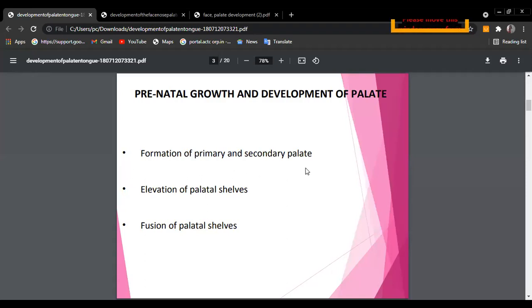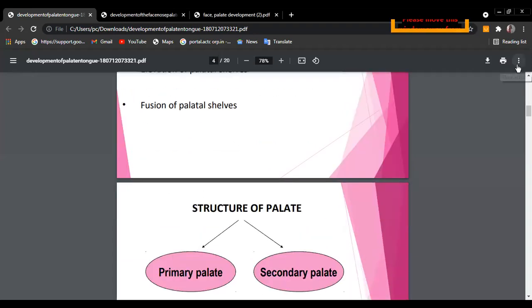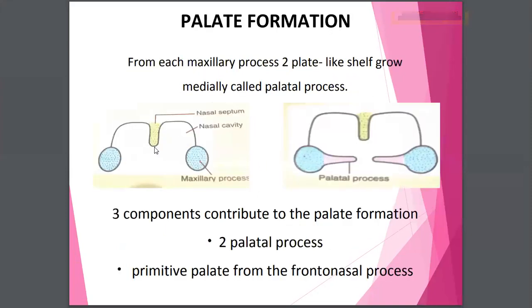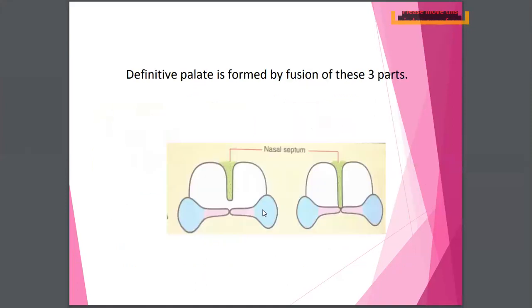So with the formation of the primary and secondary palate, we have seen the elevation and the fusion of the palatine shelves. Overall, we had the primary palate and the secondary palate. This is the nasal septum, and this is the maxillary process, which gives palatal processes growing towards each other.